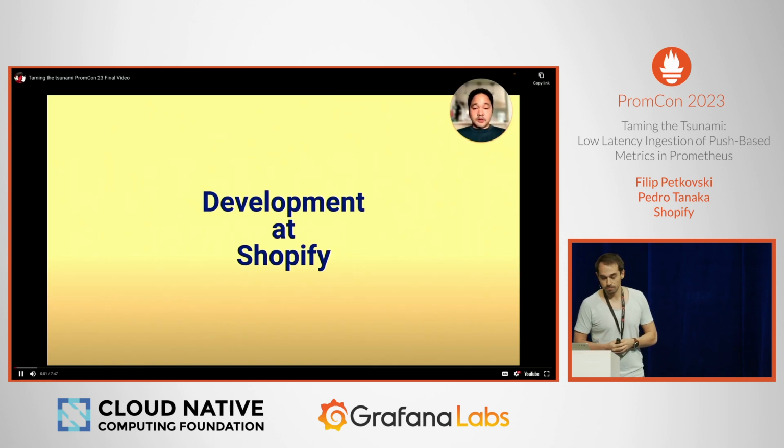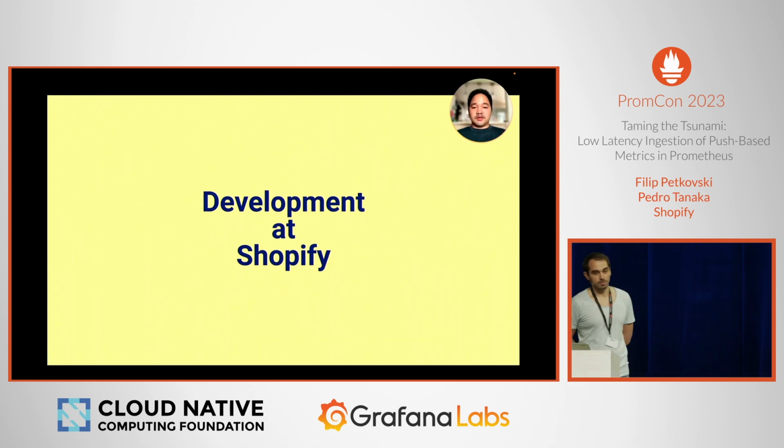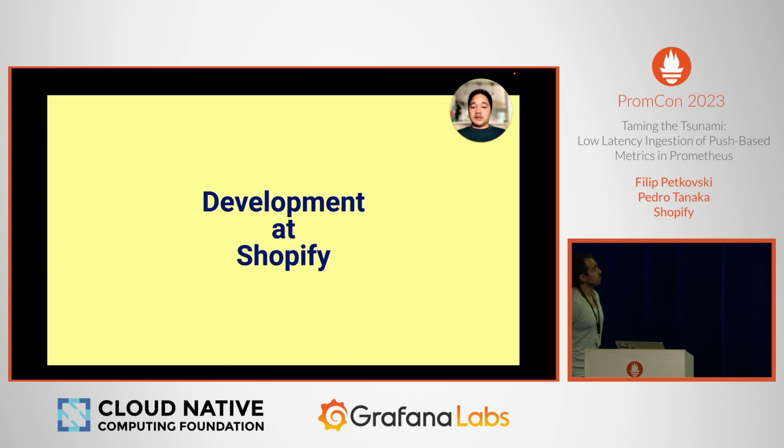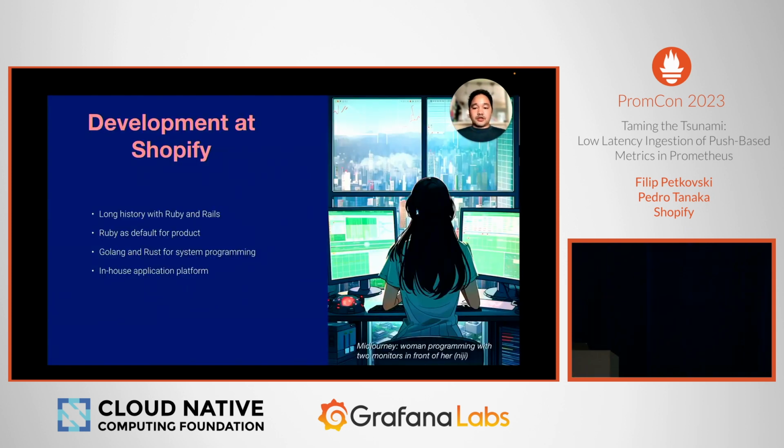Hello everyone, I hope you're having an amazing PromCon so far. Before I get started and talk about the solution we adopted for custom metrics at Shopify, it's important to understand how we work and how our developers interact with infrastructure at the company. At Shopify, we have a long history with Ruby and Rails. We also have one of the biggest Ruby apps written and deployed in production, which is our monolith with over millions of lines of code.